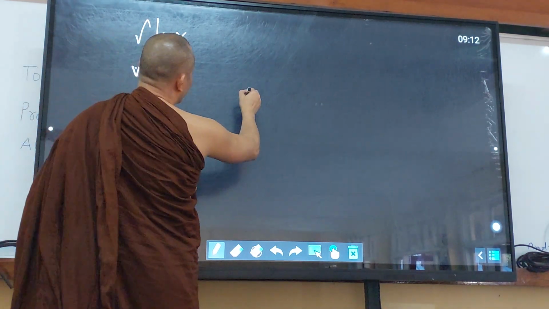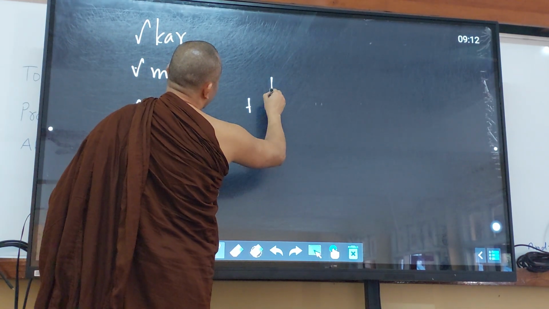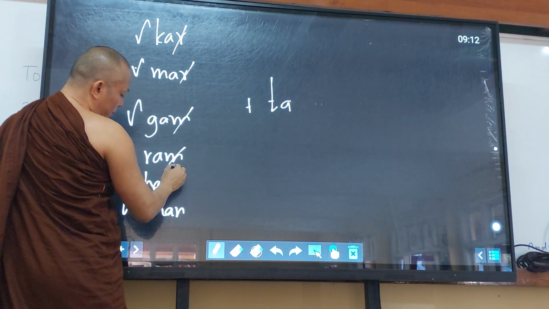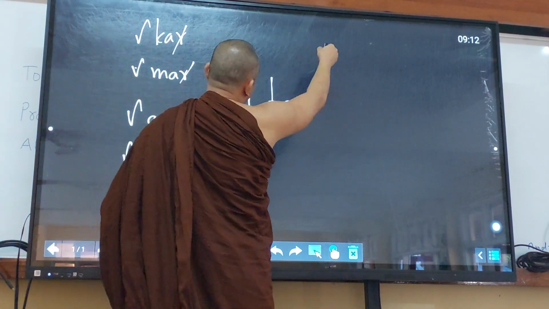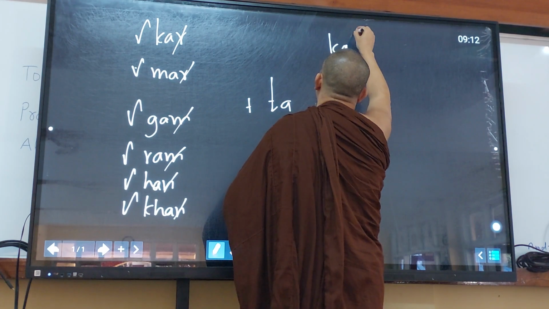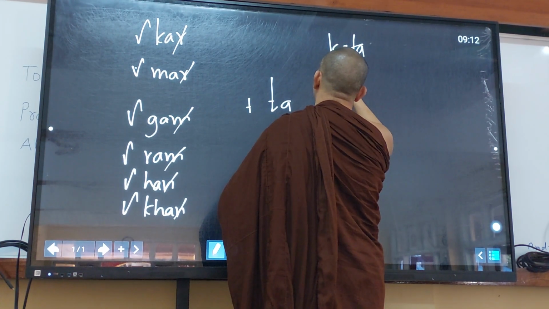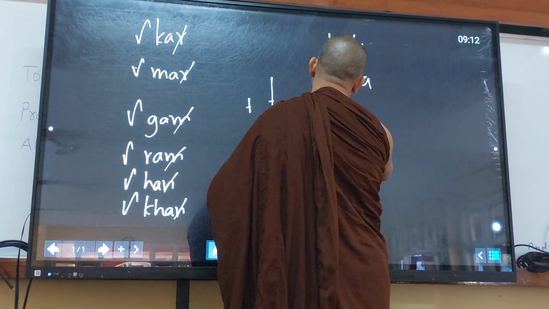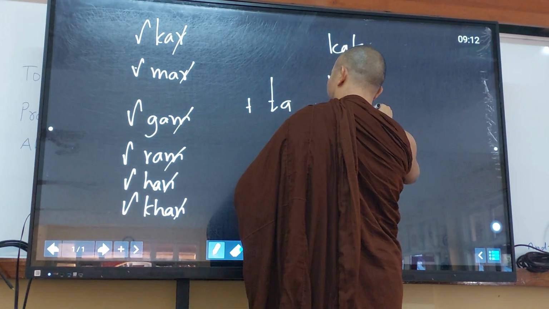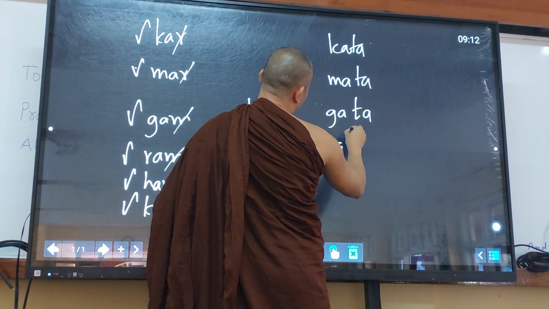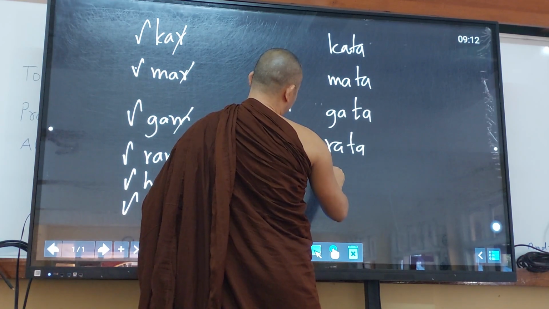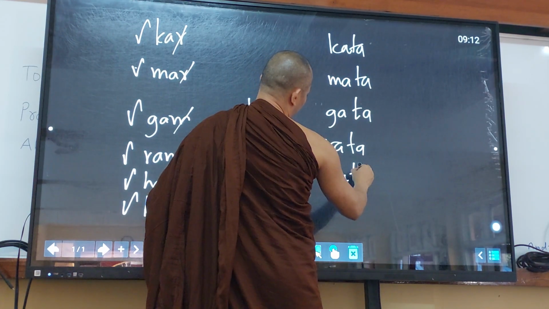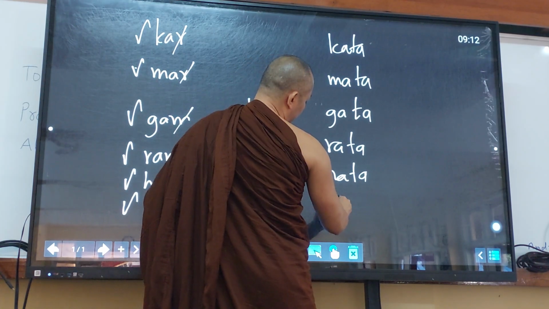If we add that suffix, the ending is dropped. So we get kata, metta, kata, and then retta. So hatta and kata in this way.